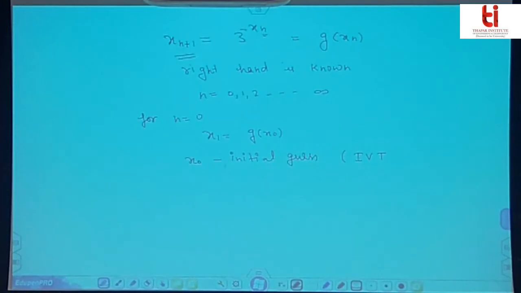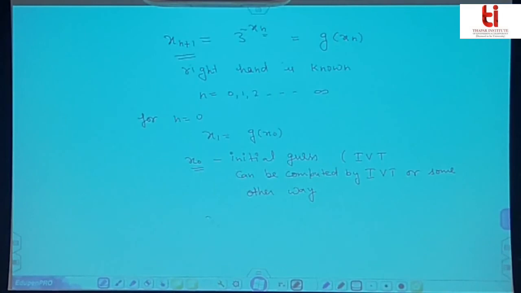So x0 can be computed by IVT or by some other way. If somehow we have an intuition that this could be the solution, then we can take the initial guess near to that number. That is the procedure to take the initial guess.